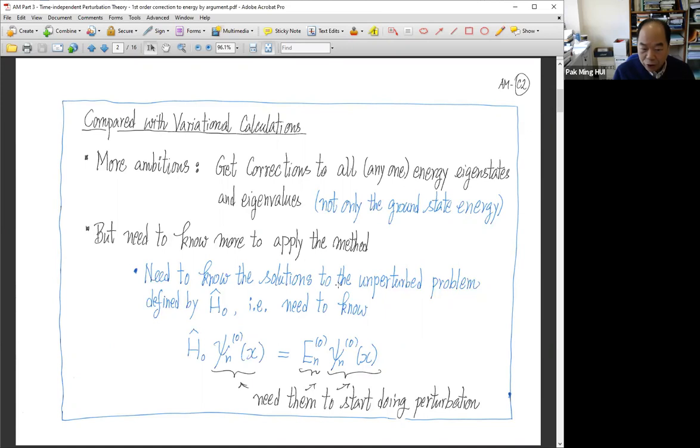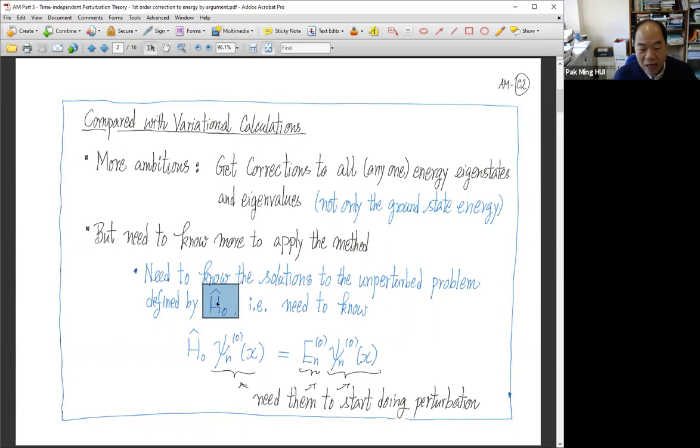Now, just to remind you, we are asking questions beyond the ground state. We are trying to do something not only for the ground state, but beyond it. So we are more ambitious here. But that comes with a price. We have to pay a price. The price is that we ought to know how to do a part of the problem, the part that is exactly solvable.